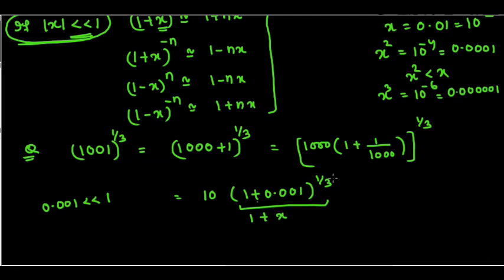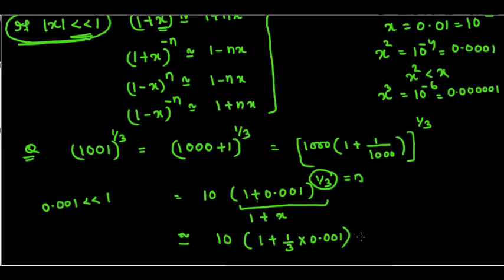And here the power is 1 by 3, which means this is the value of n. So the value of this expression is approximately equal to 10 into 1 plus, just multiply this power 1 by 3 with x, that means 1 by 3 into 0.001.